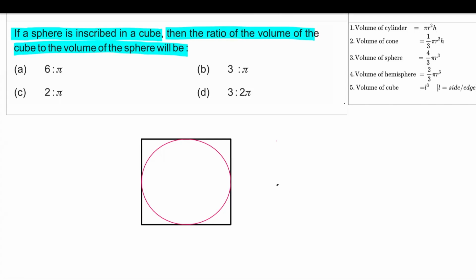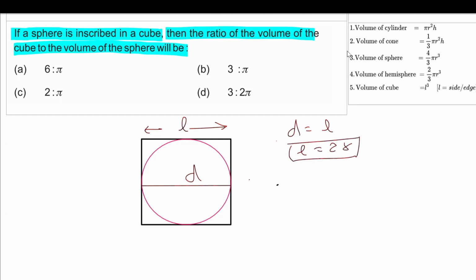Let's say L is the length of the edge over here. From here you can figure out that the edge will be equal to the diameter, right? So we can say that the diameter is equal to L, and further L is 2 times R, as you know that diameter is 2 times the radius.